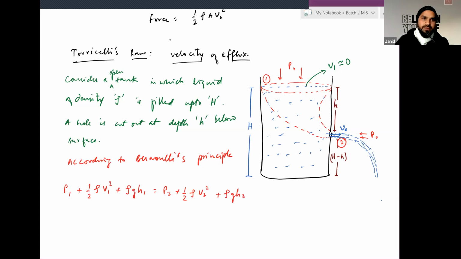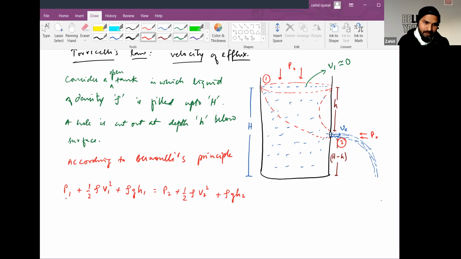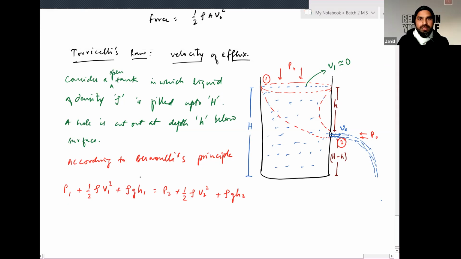Now, if you put the values related to each term, what we have assumed in this tank, P1 will be, since this surface is directly exposed to air, P naught. V1, which is the rate at which level of liquid decreases at this first end, we have just assumed it to be 0. So it will be 0.